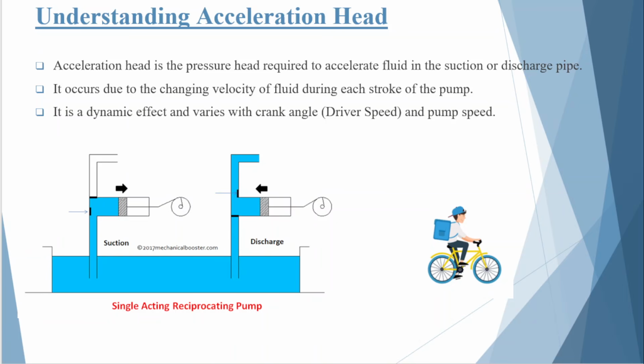Ignoring acceleration head may lead to low suction pressure, cavitation, valve damage, pipe vibration, pressure pulsations, reduced pump life, and sometimes complete pump failure. Therefore, acceleration head is one of the most important hydraulic parameters considered during reciprocating pump design.